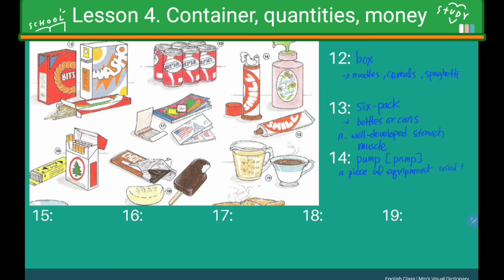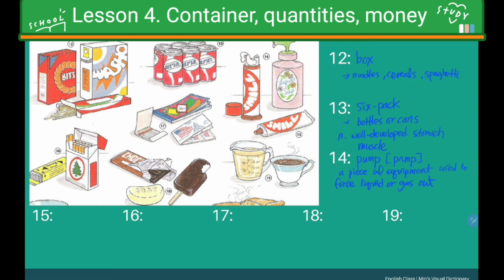Used to force liquid or gas out. Pump. So we use water pump or toothpaste pump or soap pump.